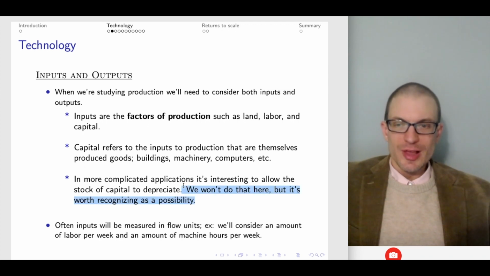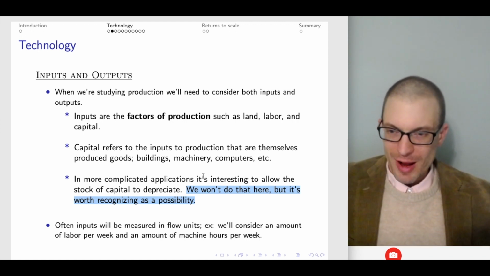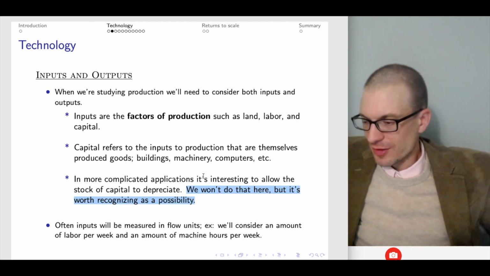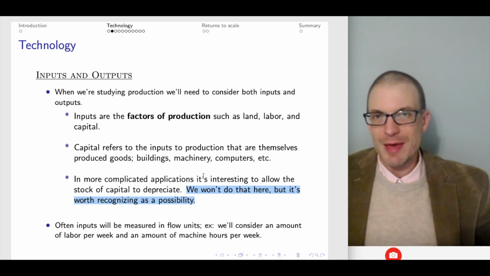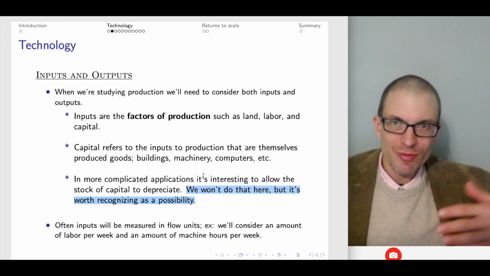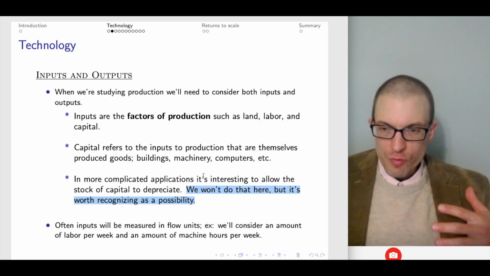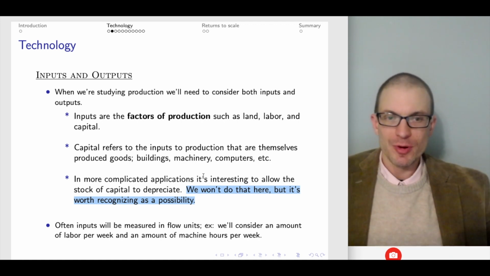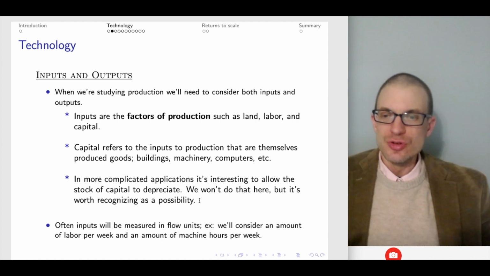It's worth realizing that this is definitely a possibility. By dynamic I mean, suppose we're thinking about several periods into the future. Now we've got a time dimension, so over time your stock of capital might depreciate. We could do that. We're not going to.